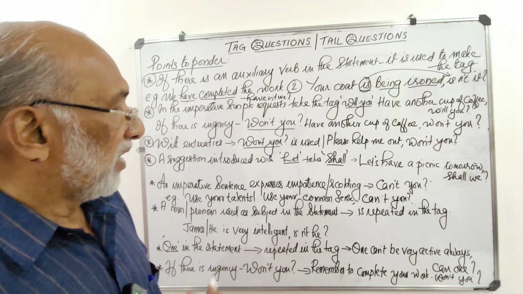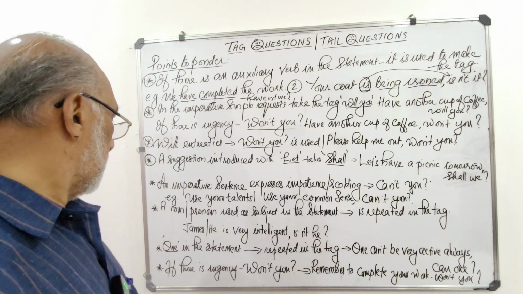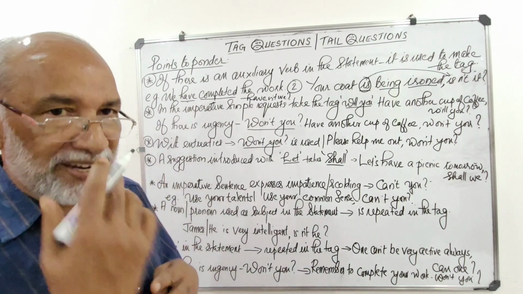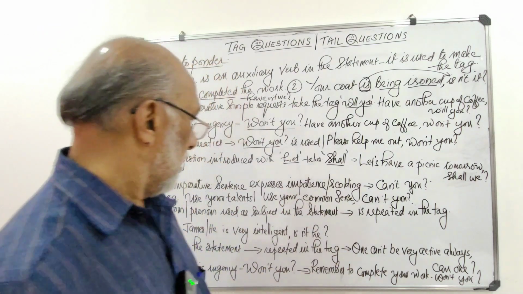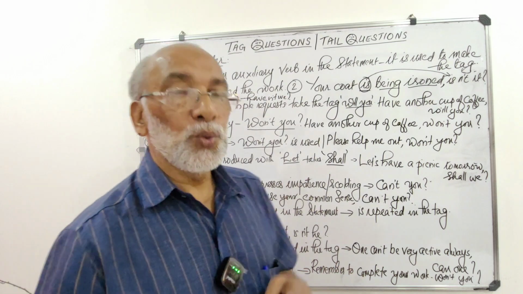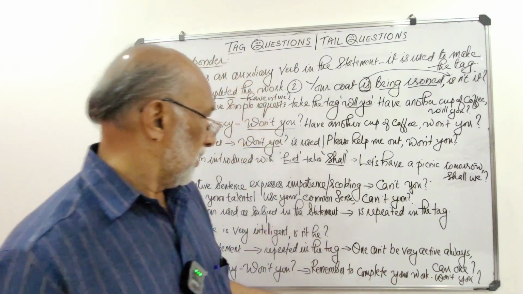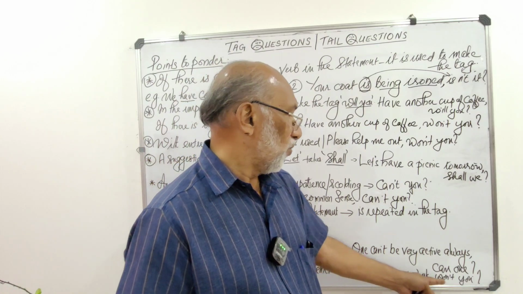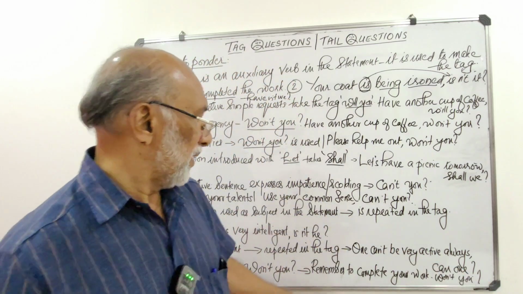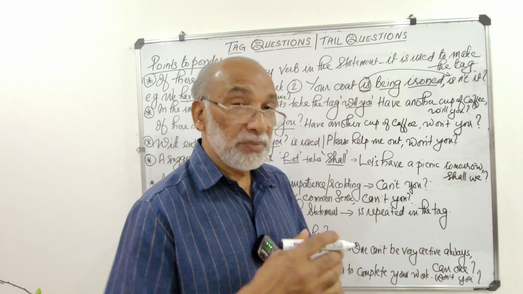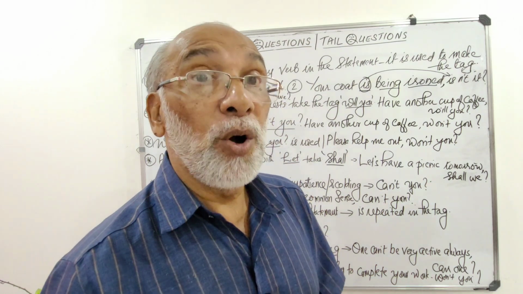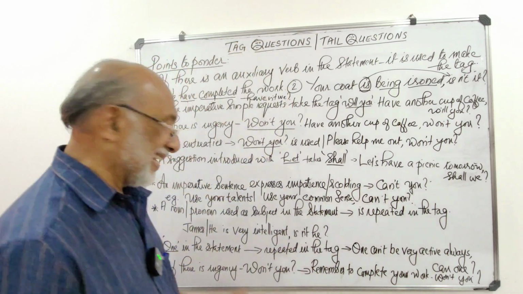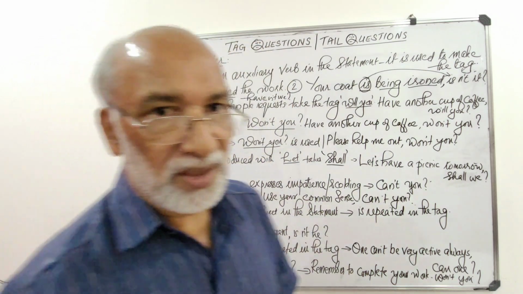And lastly, if you want to express an urgency, then won't you is used in the tag. For example, remember to complete your work, won't you. Remember to meet me early morning tomorrow, won't you. So that means there is a kind of urgency.